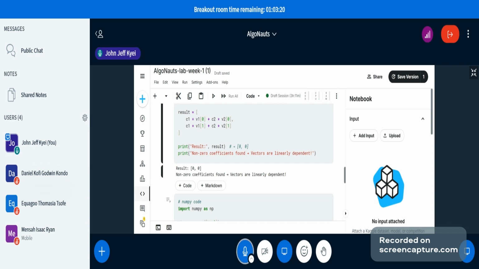But if the vectors are linearly independent, they are pointing in different directions and they are not collinear, and together they can span different parts of a 2D plane.